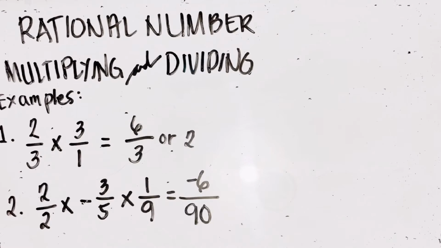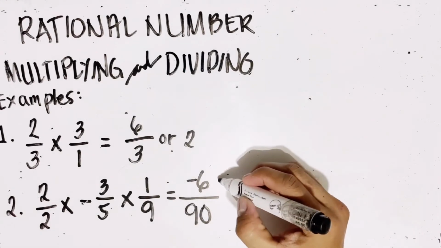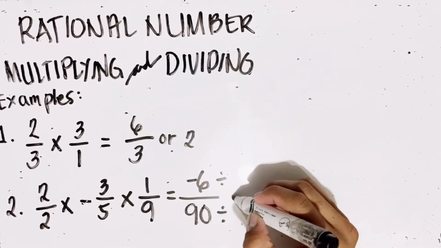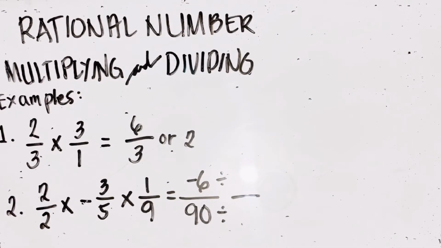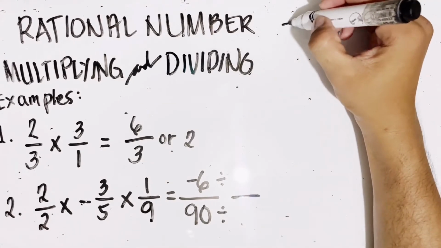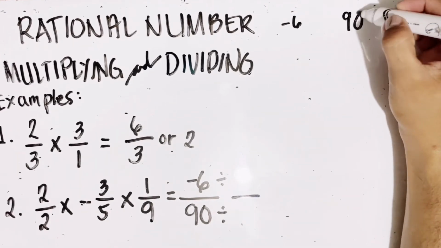And negative 6/90 can be simplified. They have a common factor that is equal to positive 6. So we can write negative 6 and 90.